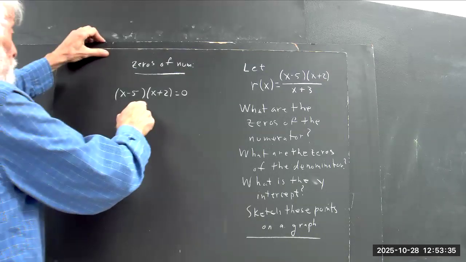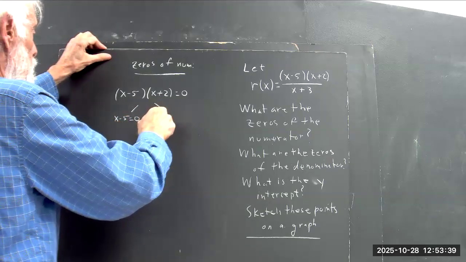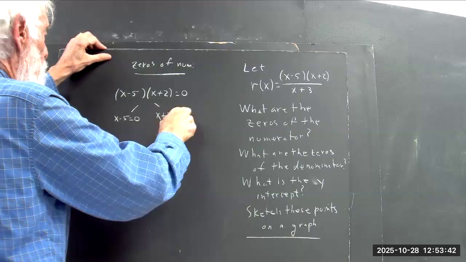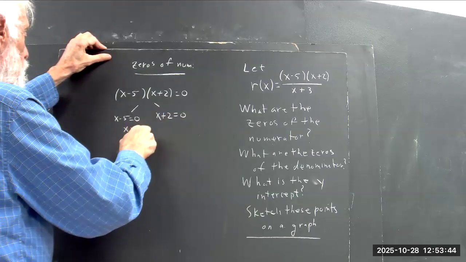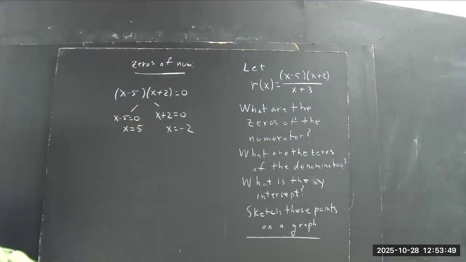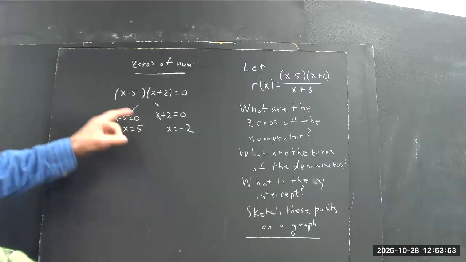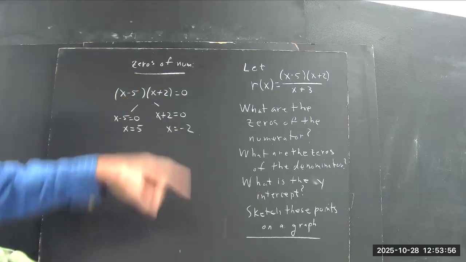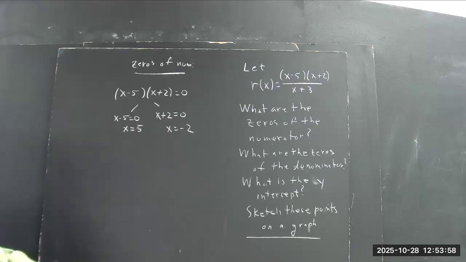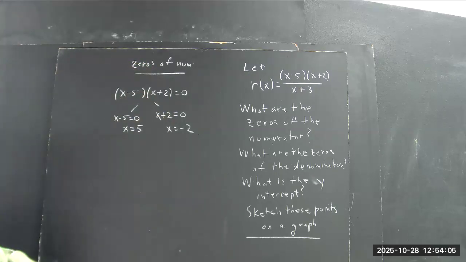And this splits into two equations with obvious solutions. Now you can just look at this and see what the solutions are. But when you do this, I want you to write this out because sometimes these are going to be more complicated equations and you're going to have to solve them. And you're not going to be able to see what the solutions are until you do the arithmetic, do the algebra.